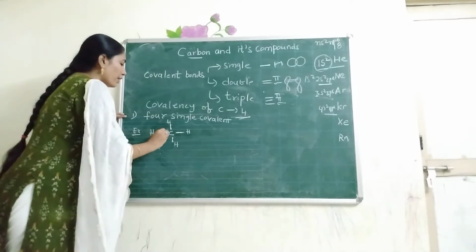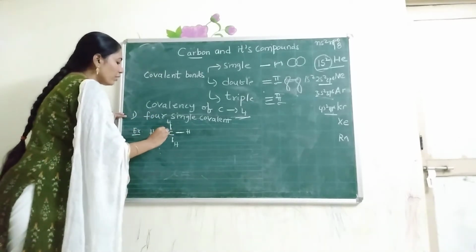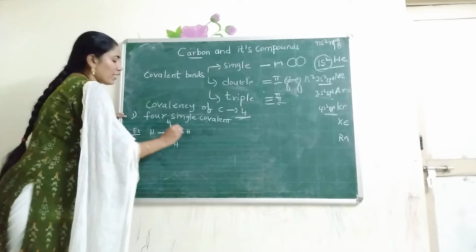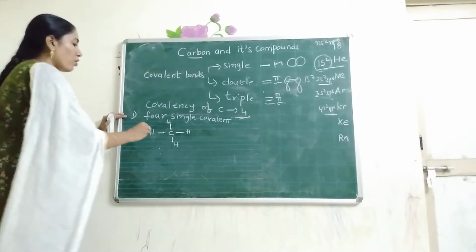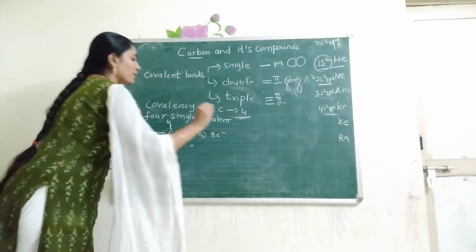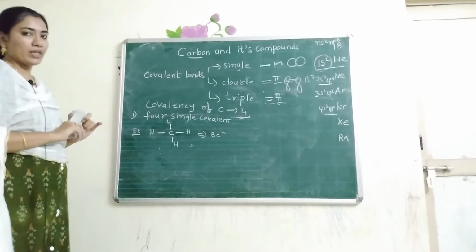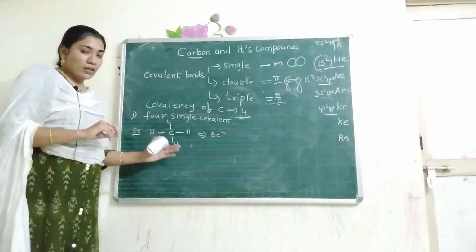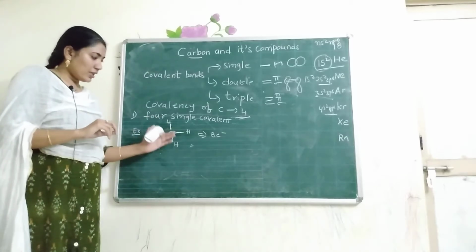So count the number of electrons around the carbon: 1, 2, 3, 4, 5, 6, 7, 8. Here 8 electrons. That means the carbon gets the octet configuration by sharing of electrons through single bonds.